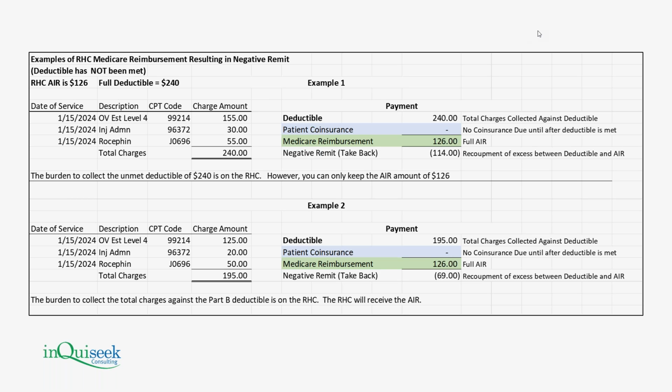So let's look. We have an example at the top. We have total charges of $240. It just happens that our total charges for this RHC encounter equal the complete unmet deductible amount. So that entire $240 is going to be collected as the deductible. Since the deductible is just now being met, there is no coinsurance due on this visit.